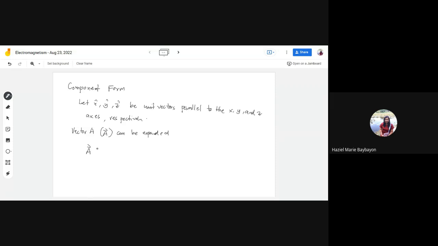So you have A is equal to A sub x, x hat, plus A sub y, y hat, plus A sub z, z hat. Okay? So here, A sub x, A sub y, and A sub z are called components of vector A.